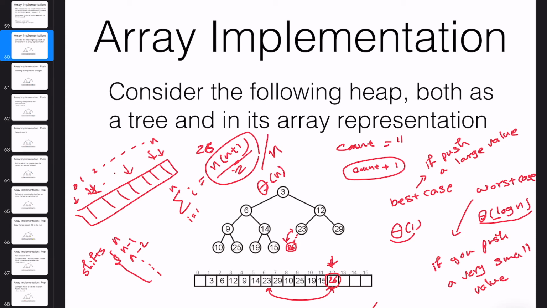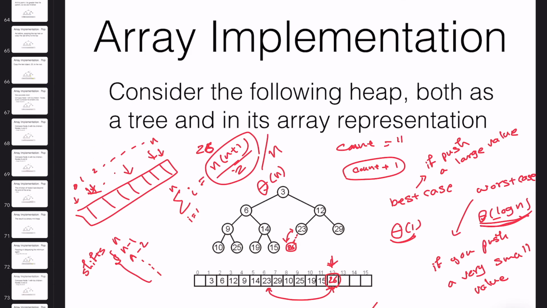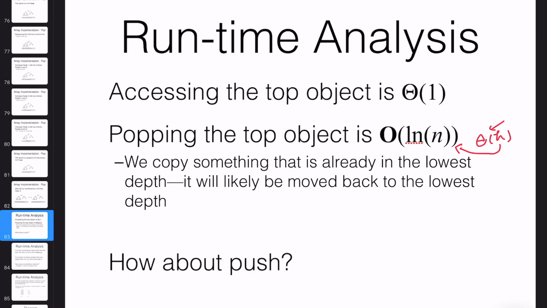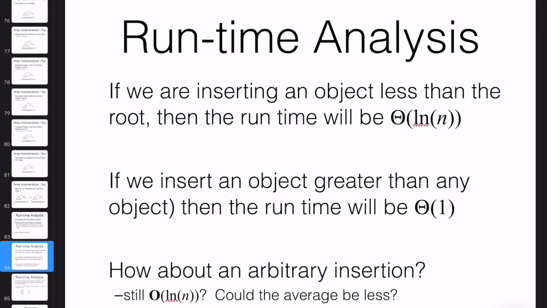What is going to be the average time complexity if I push an item to a binary heap? I don't know if this is going to end up constant or log n, so I need to calculate it. How am I going to calculate that? I want to do exactly the same analysis here.